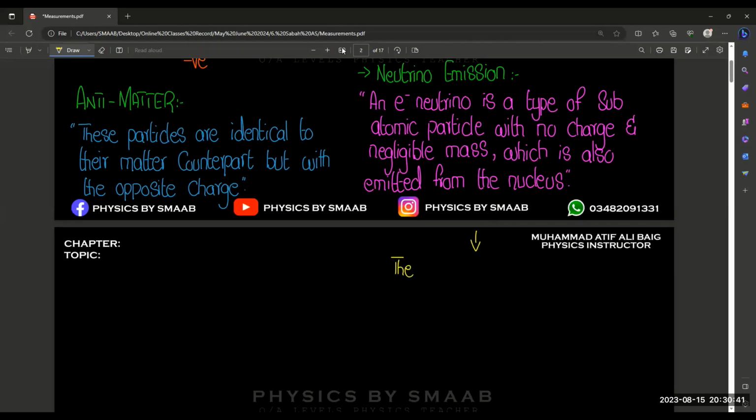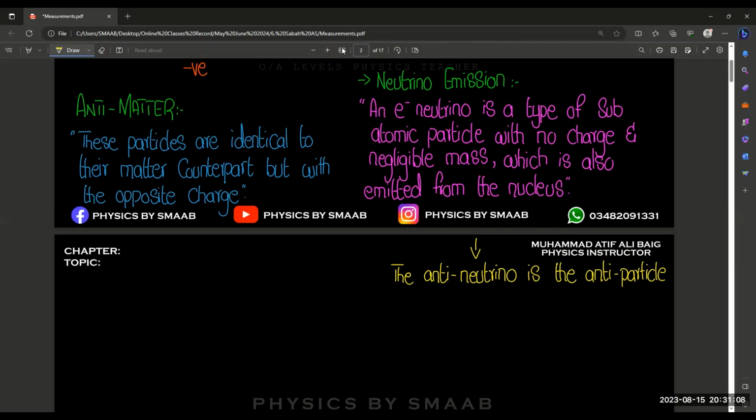the antineutrino, which is the antiparticle. Now we are just finding the opposite charges of the same particles, right?